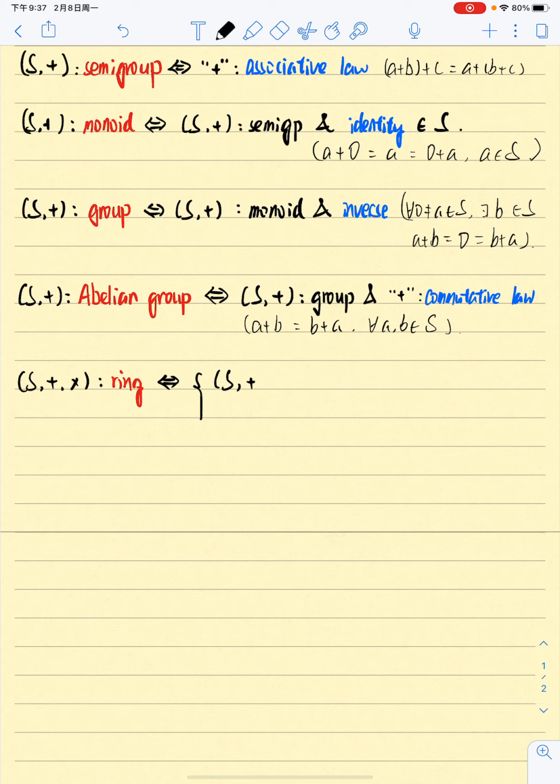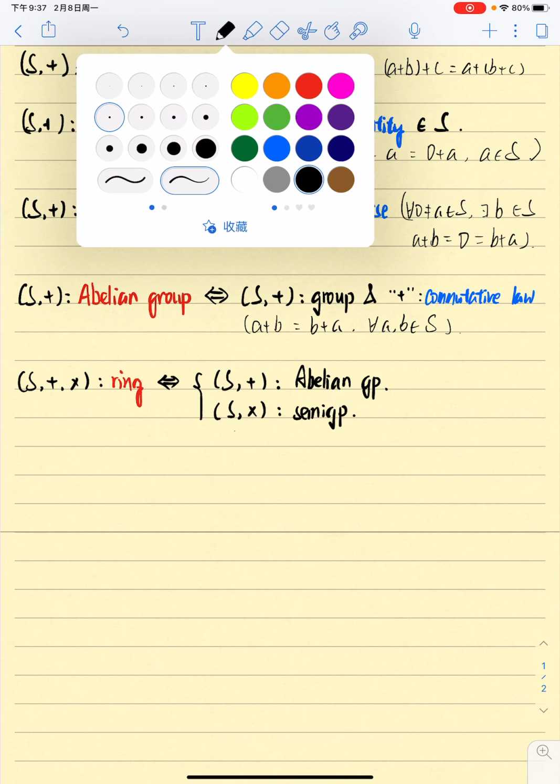First, S plus is an Abelian group. Second, S multiply is a semigroup. And third, S satisfies the distributive law.